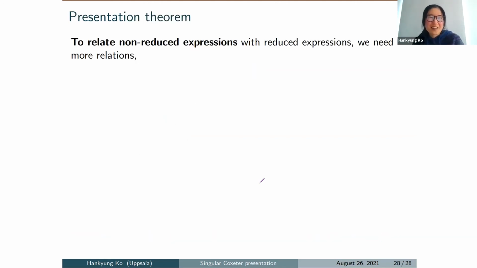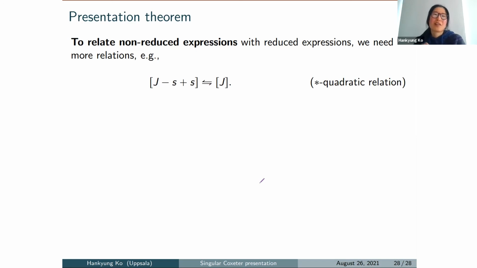And finally, I was only talking about reduced expressions, but we have non-reduced expressions, and we want to relate them to reduced expressions. There is an obvious relation that we have: if you get out and get back in, that's the original place.